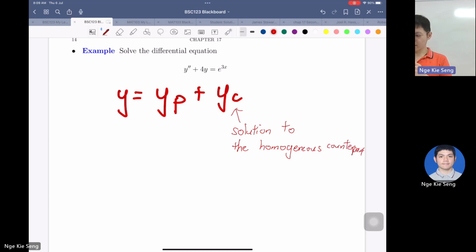Okay, in this case it is y'' plus 4y equals 0. So how do we solve a second order homogeneous ODE?